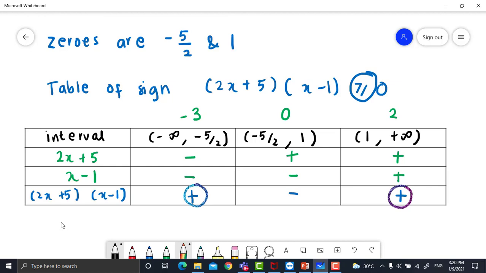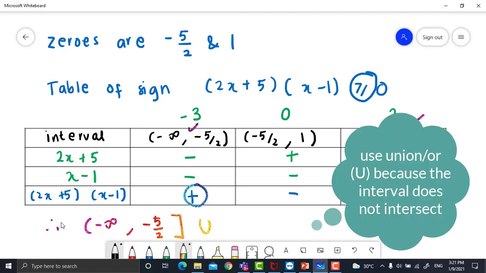So we have two positive here. The intervals are negative infinity to negative 5/2 or 1 to positive infinity. Since it is greater than equal to, negative infinity to negative 5/2 with square bracket, or closed interval, union square bracket here 1 to positive infinity.